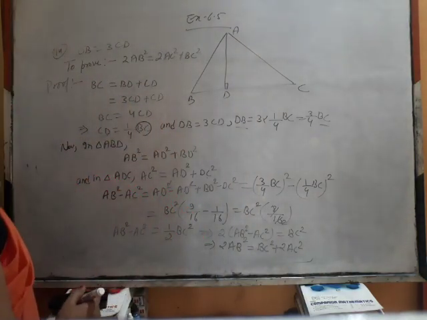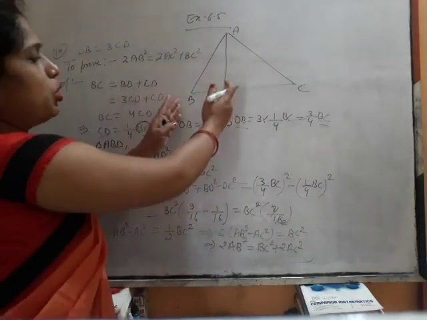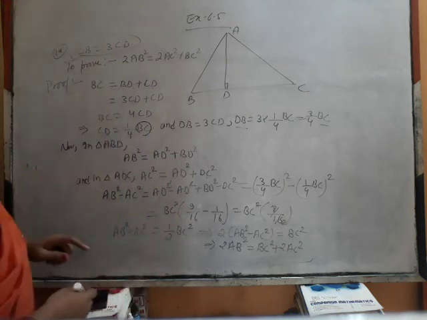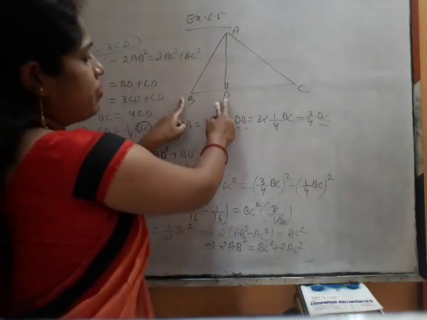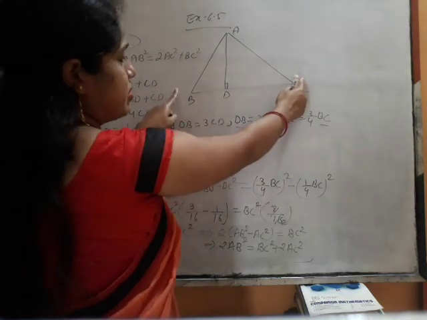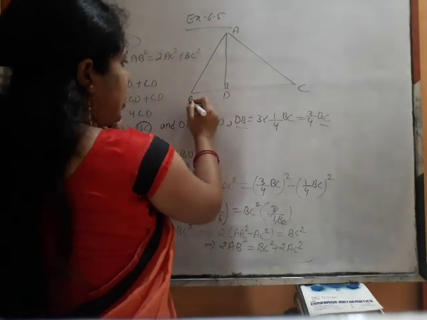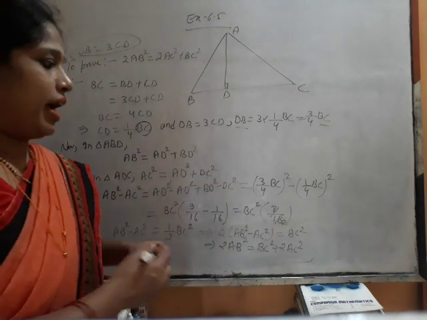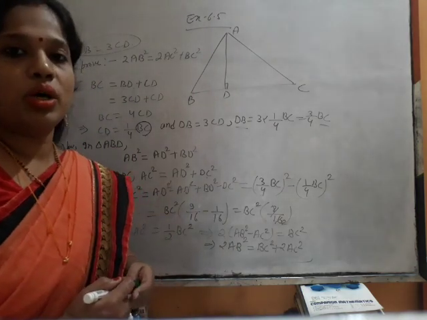So this is our result. We used the Pythagoras theorem over here. By using the given thing, we changed BD and CD in respect of BC, and then finally we changed the value and we have the answer. Okay, thank you.